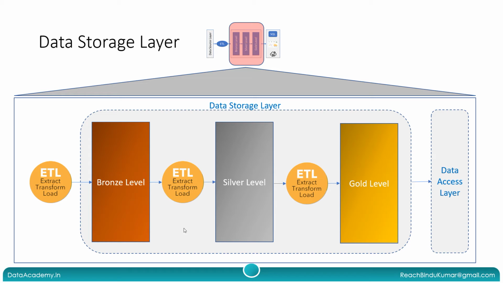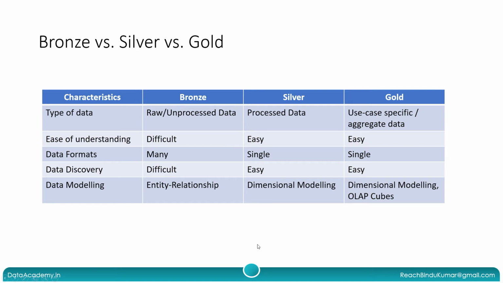As you move from the left to the right, the quality of the data or the richness of the data also increases. That is why they started using these terms, bronze, silver, and gold. But function wise, it's very much similar to a staging and reporting schema.